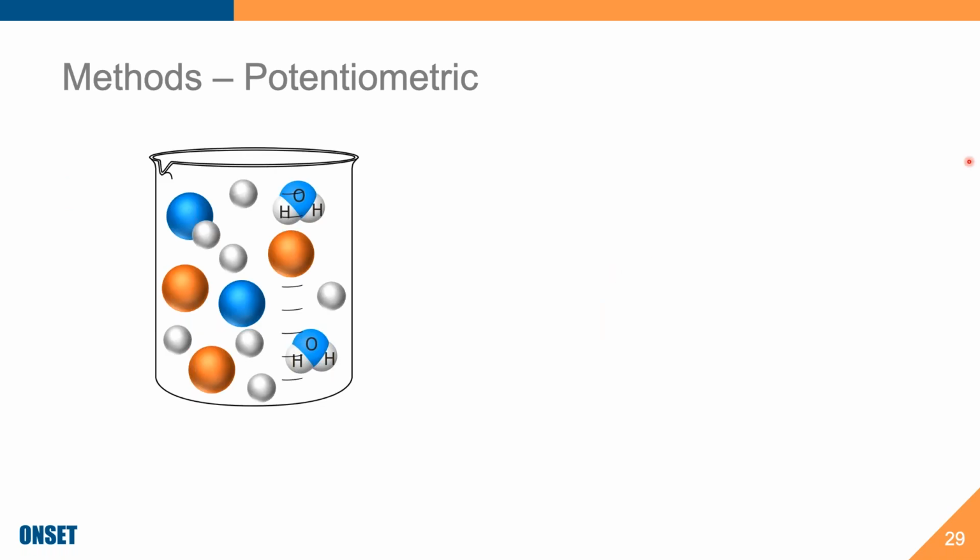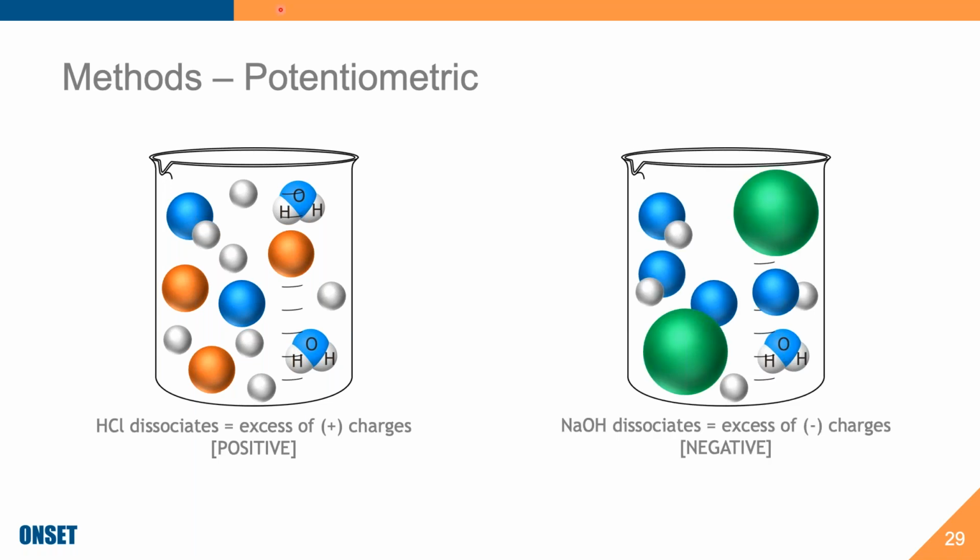Okay, so with the potentiometric method here, we are monitoring how acids dissociate in water and release a positive ion, or how bases dissociate in water and release negative charges.